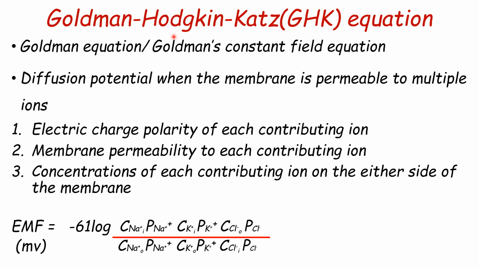There are many ions, but these major ions are going to finally give the diffusion potential or the membrane potential of a cell membrane. So how do we calculate the membrane potential of the cell when we have multiple ions?